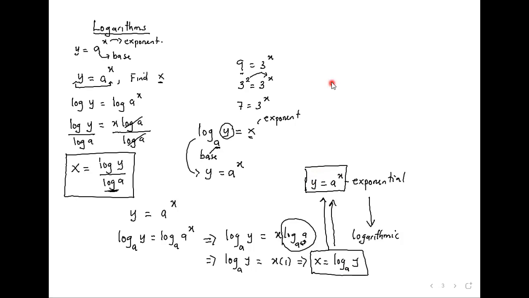Then you just exchange the x and y. So a raised to power y is equal to x, and when you want the inverse, you just exchange y and x. So we say a^x is equal to.